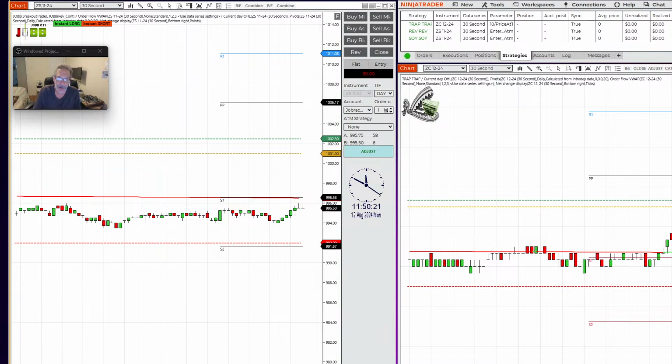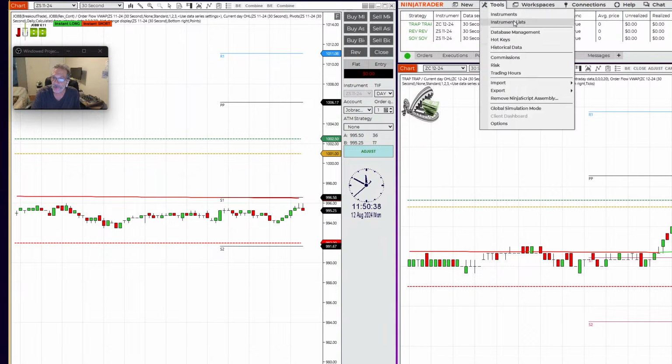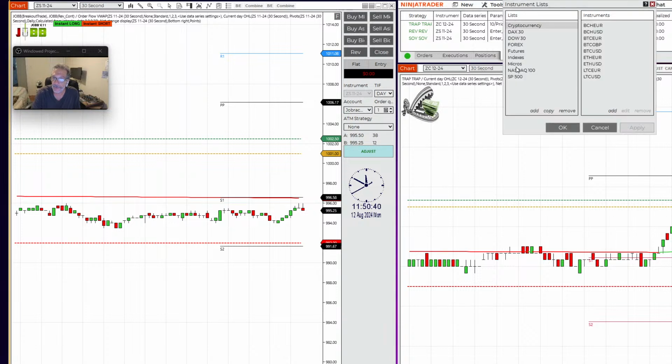1224 is the correct account, correct contract, Alan, 1224 on ZC. You may have to add it as an instrument by going to Tools, Instrument Lists, click the Futures folder, add the instrument, and then type in ZC 1224.